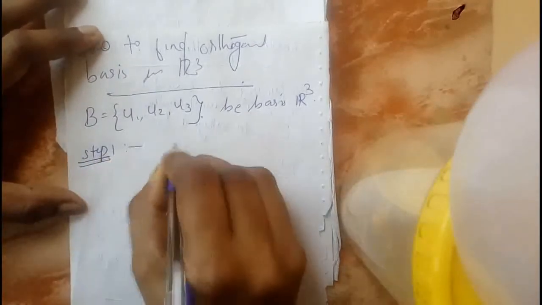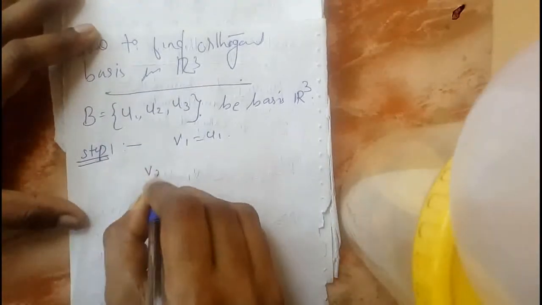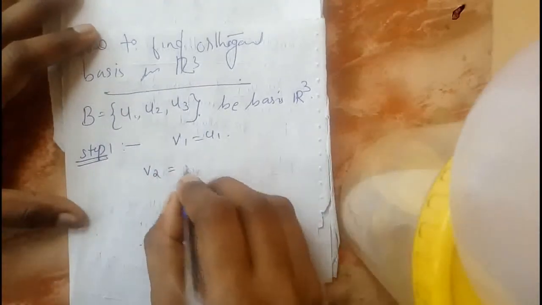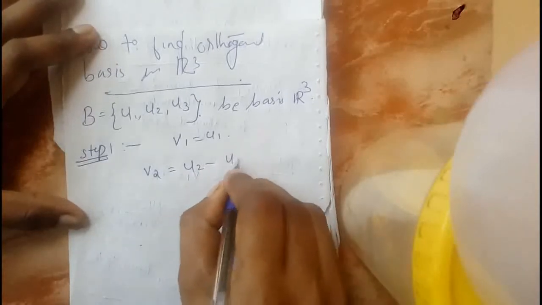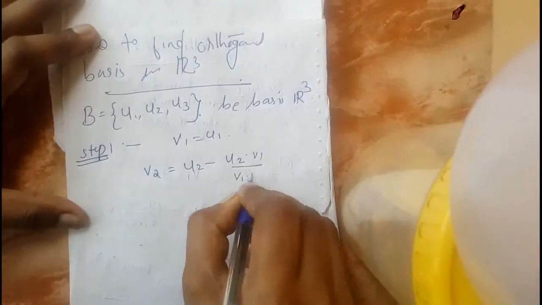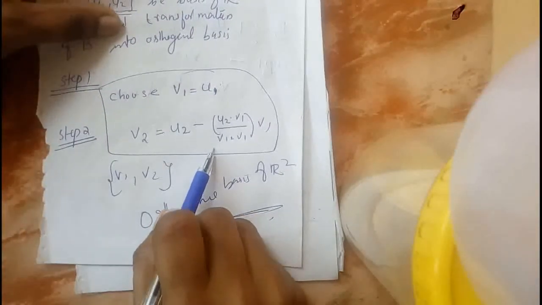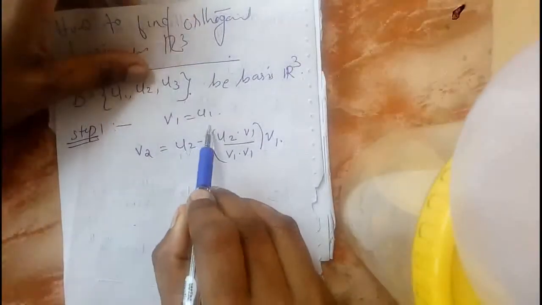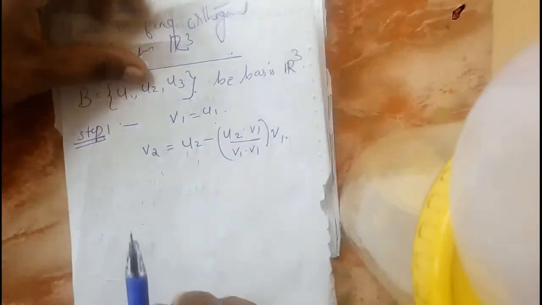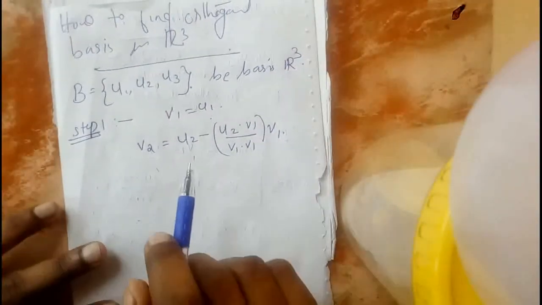So the first step, we set v1 equal to u1 itself. Next step, v2 equals u2 minus (u2 dot v1) by (v1 dot v1) into v1. So v1 is u1, and v2 is u2 minus (u2 dot v1) by (v1 dot v1) into v1.